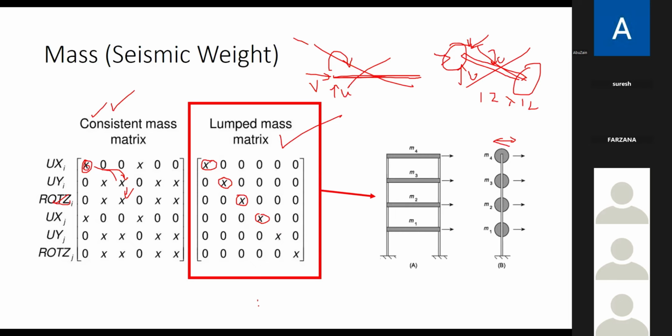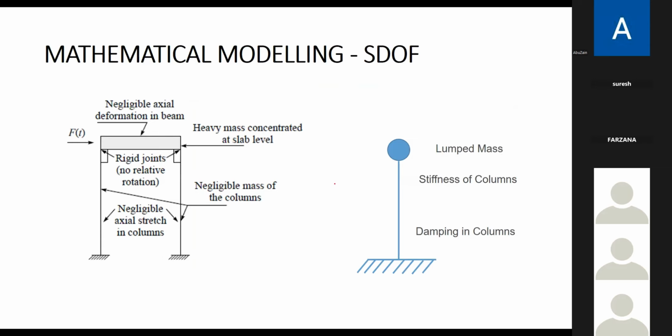When we model a rigid diaphragm like a slab element, then to get a more accurate answer, they go for consistent mass for different kinds of applications. But generally for buildings with seismic load, where we concentrate only on the x direction, we consider lumped mass.